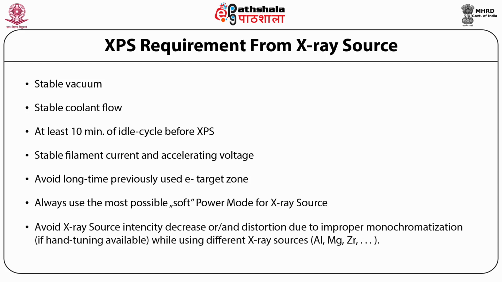Avoid X-ray source intensity decrease and/or distortion due to improper monochromatization. This is in case hand tuning is available while using different X-ray sources, that is aluminum, magnesium, zirconium, etc.